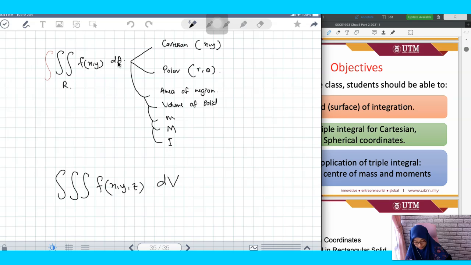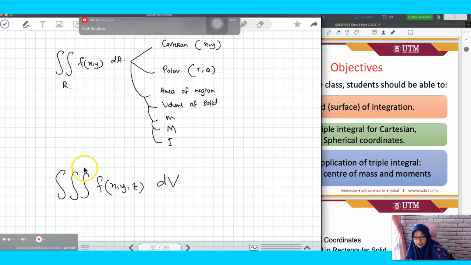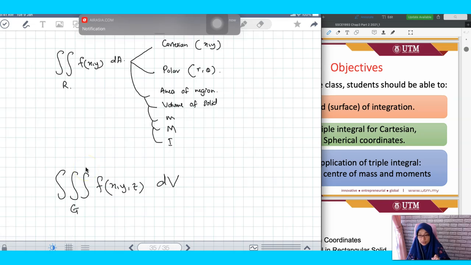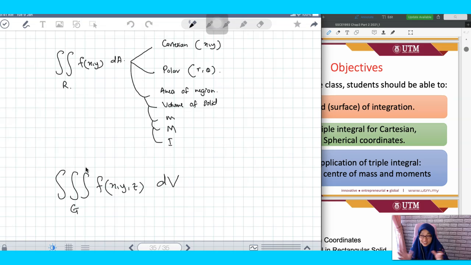If the double integral is only for a region, so you have R, then for the triple integral we have a solid, which in general we call G. Why G? It is just a name. R is for a region, which is in 2D, and G is a solid for 3D.